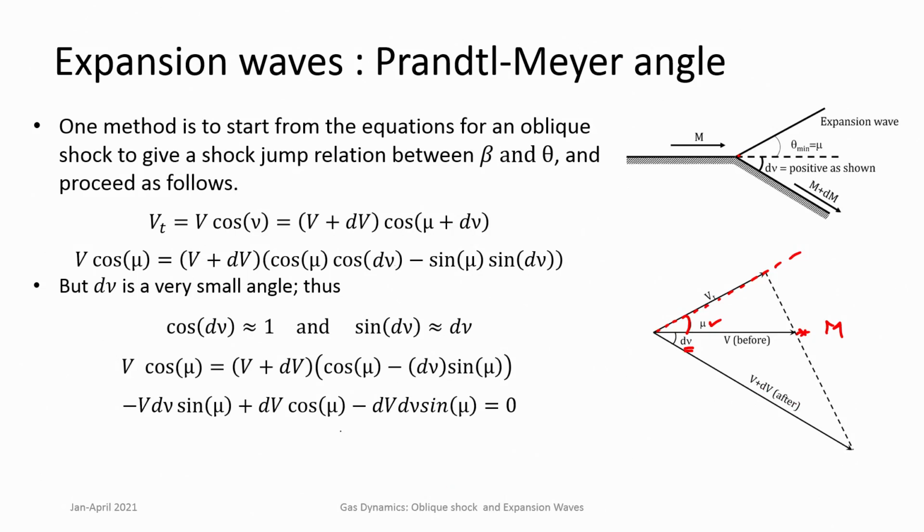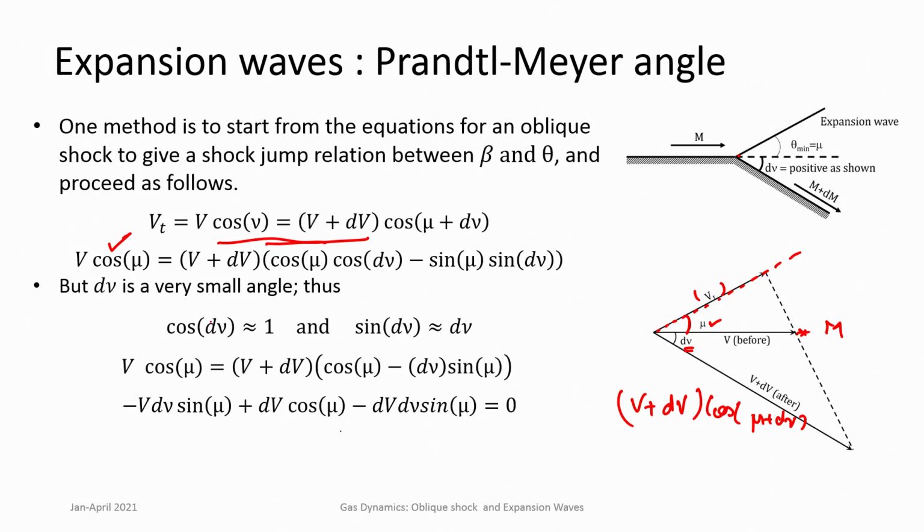But again the concepts of oblique shock remain, that is, the tangential component remains conserved. So Vt is the same. What is Vt? Vt is V cos mu. So V cos mu is the same as V plus dV, cos of mu plus d nu. That is conservation of the tangential component.